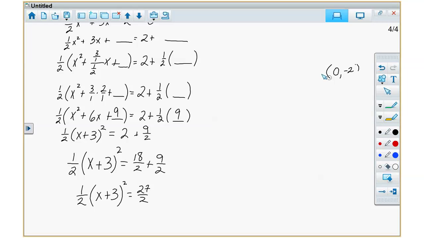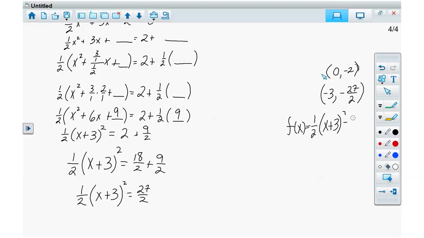Your vertex is negative 3, negative 27 over 2. F of x is equal to 1/2 times x plus 3 quantity squared, minus 27 halves.